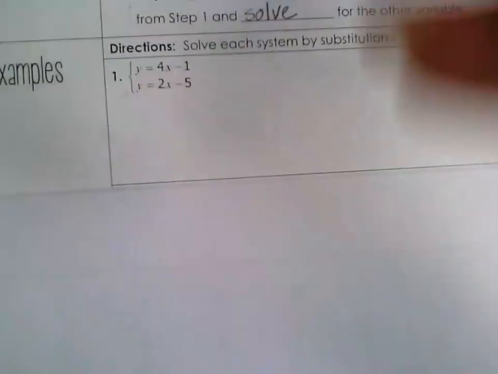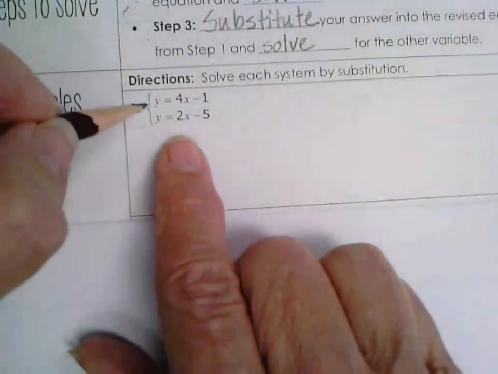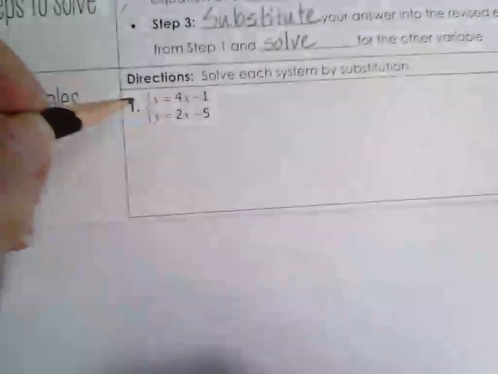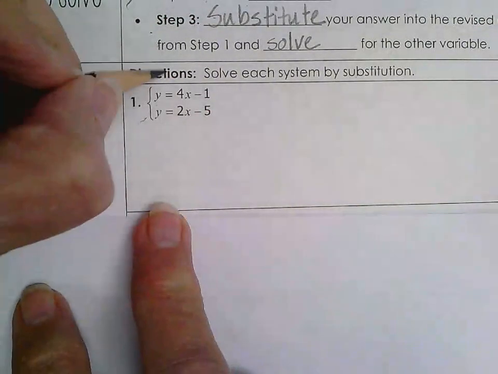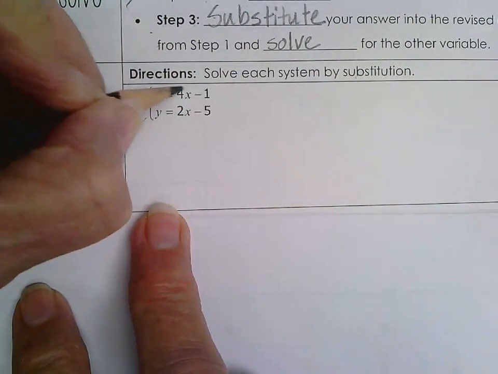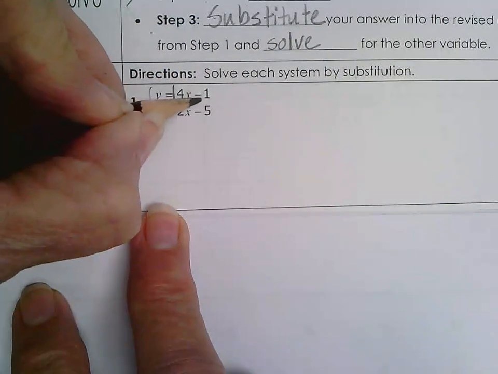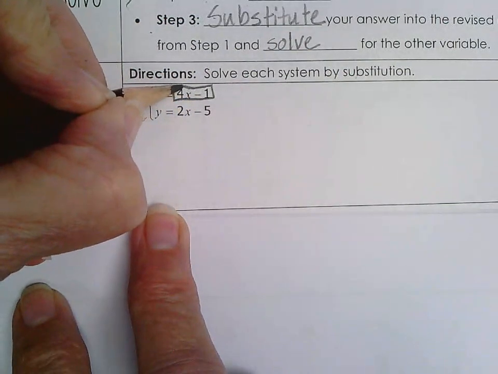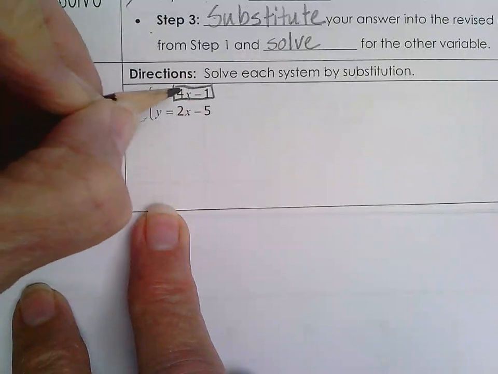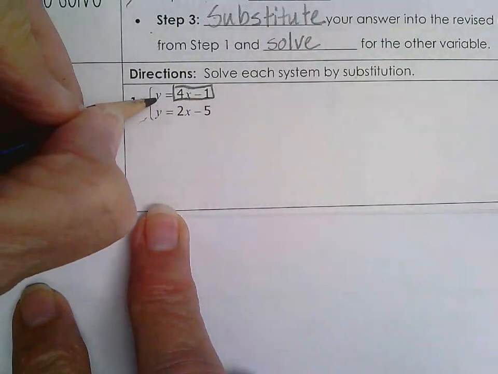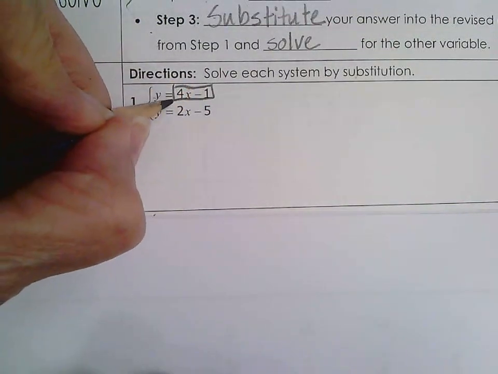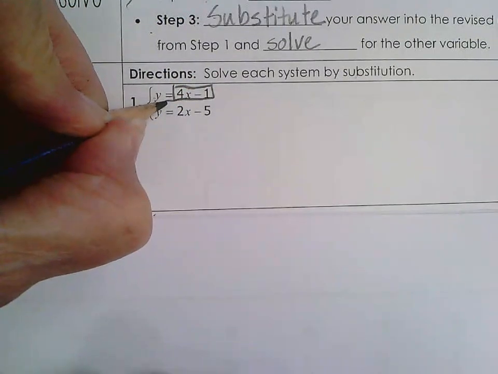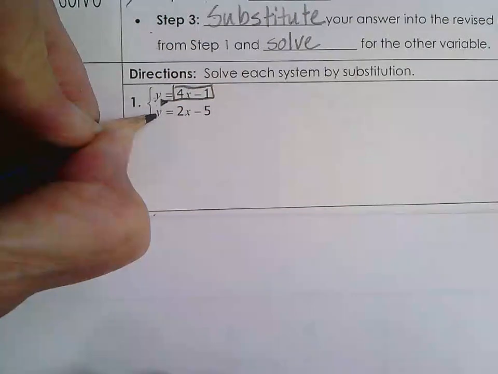So what do I mean by that? Well, if these two equations are related to one another and there is a coordinate pair that will work for each of them, if I look at one of the equations, so let's just start with this one, and I see that it has y equal to an expression, I should be able to plug that expression in down here for y.